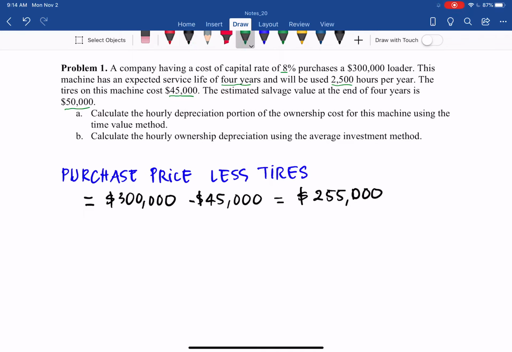So for part A, we need to calculate the hourly depreciation portion. Hourly is the keyword, of the ownership costs, using the time value of money method.